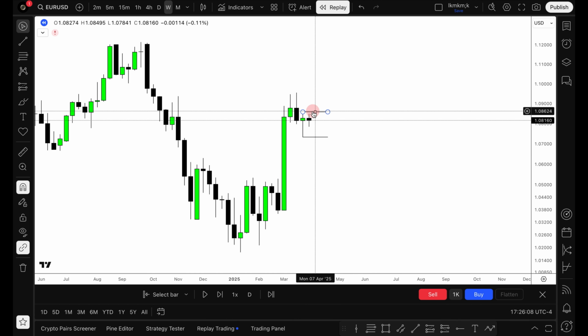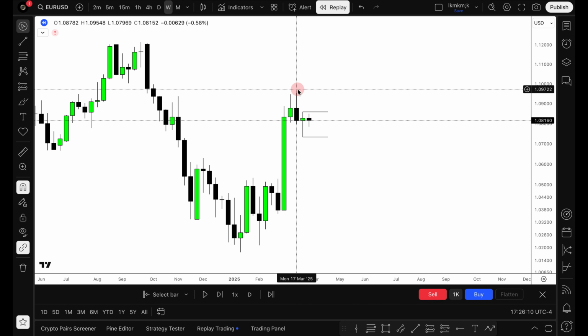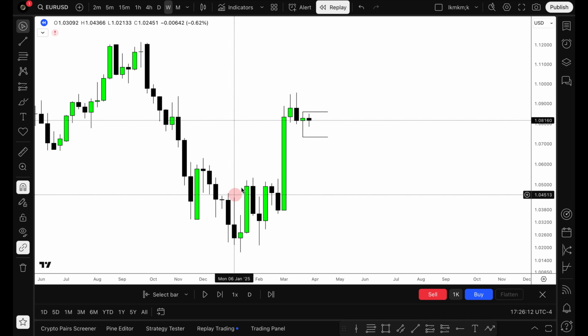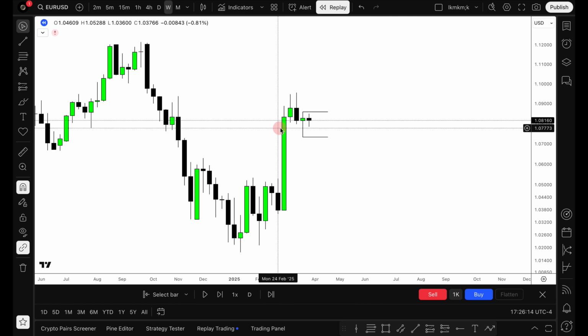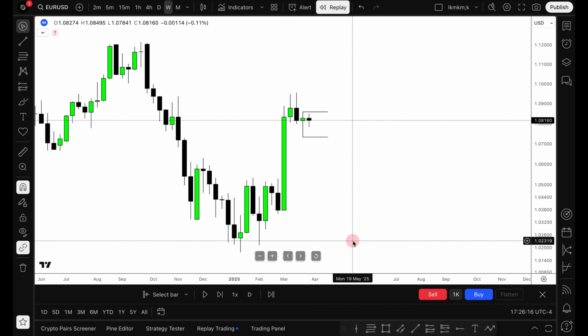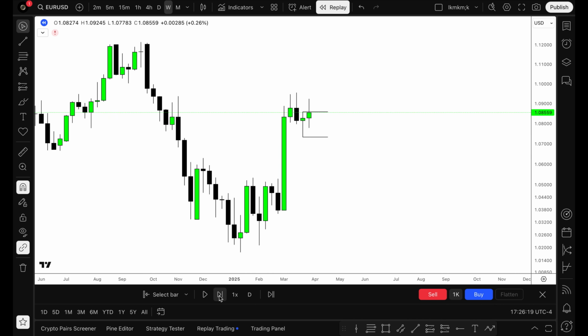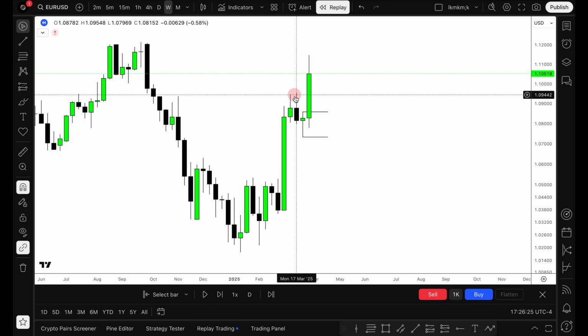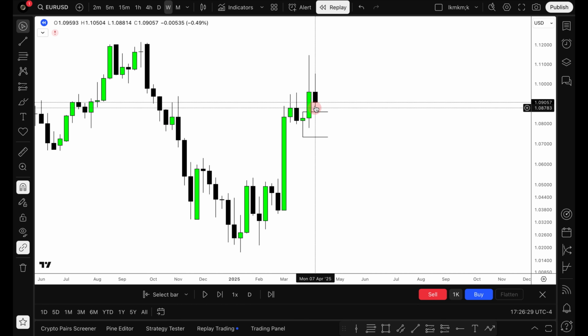So I'd want to see price reach for buy side and possibly reach for this buy side, as the market looks like it's in a bullish trend or an uptrend. So price takes out buy side liquidity, then it runs even higher and closes above, or it almost closes above.